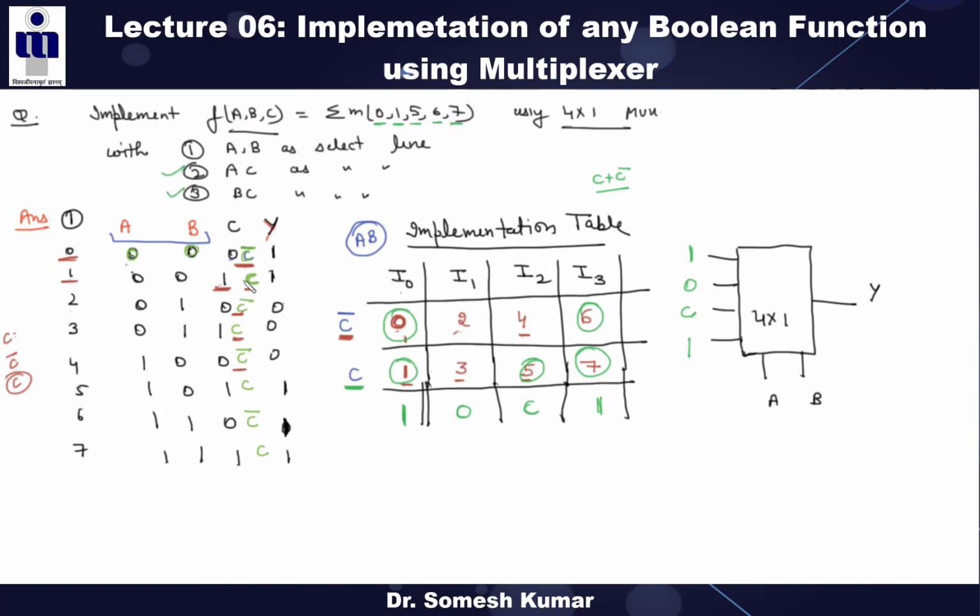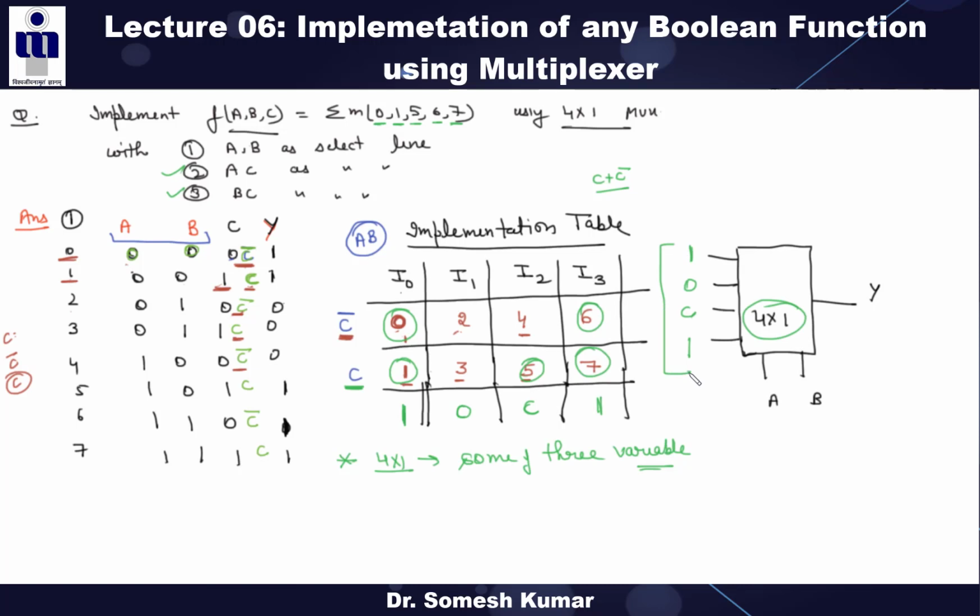Can I conclude one statement here? For three variables, this 4:1 mux can be used to implement some three variable functions, right? Means some three variable functions we can implement with 4:1 mux, because see, here only one 4:1 mux is needed.